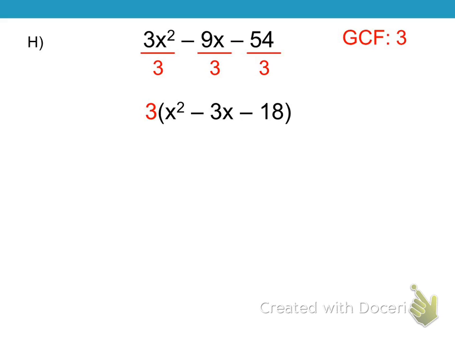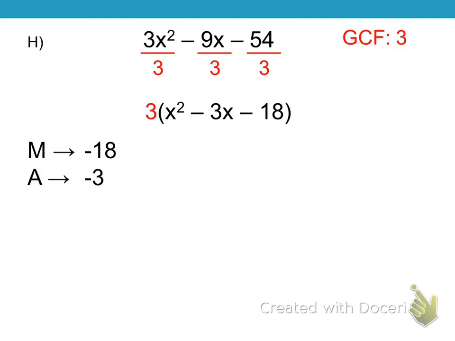So now I have 3, and then in parentheses, x squared minus 3x minus 18. Now, when you do bottoms up, ignore the 3. You have to keep writing it. It's going to be in your answer. But when you do the lead coefficient times the constant, don't use the 3. The 3 is no longer part of the trinomial. It's done. Leave it out front. So my m is just negative 18.